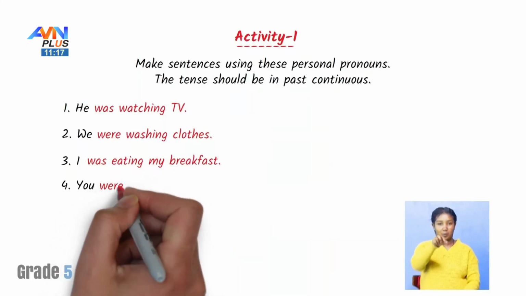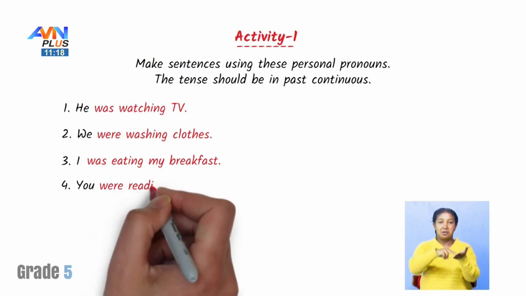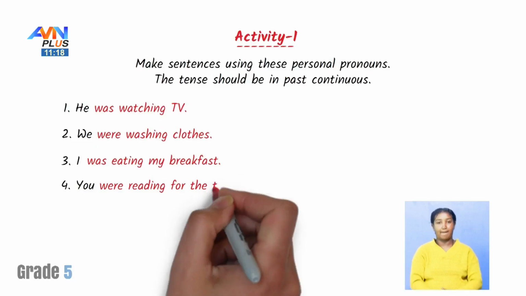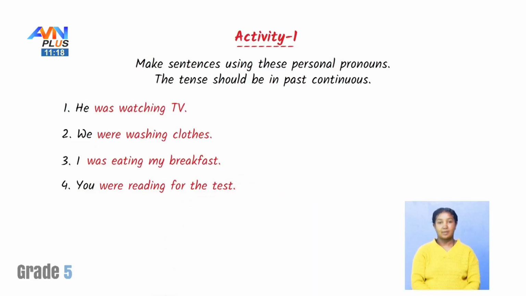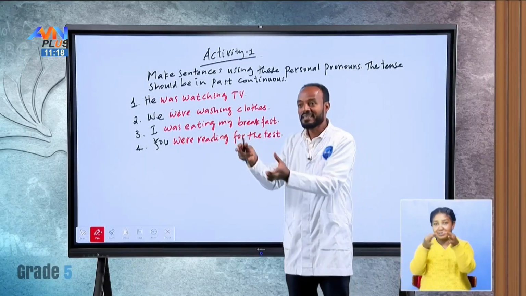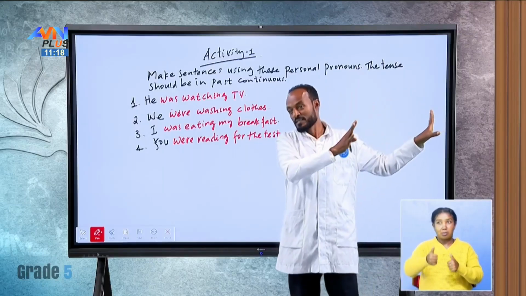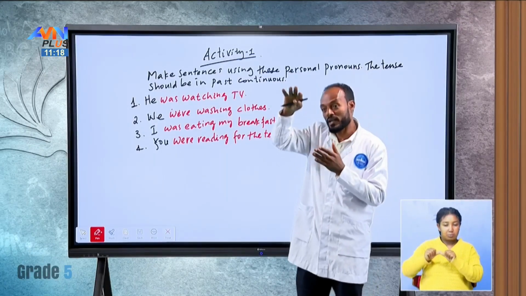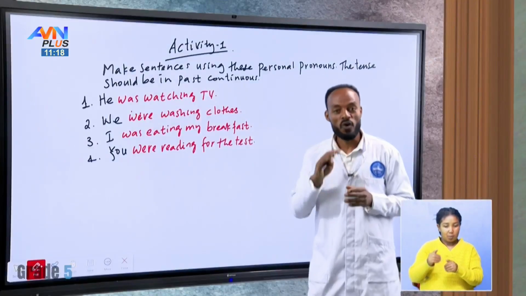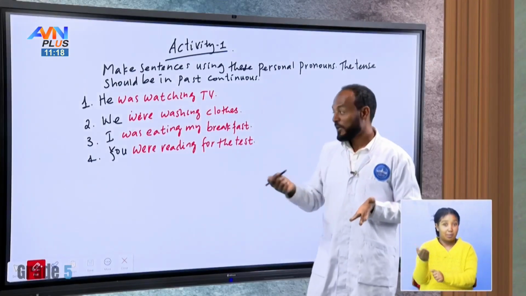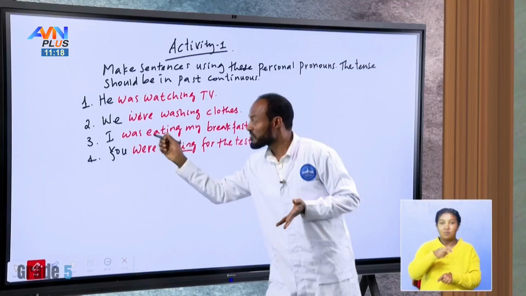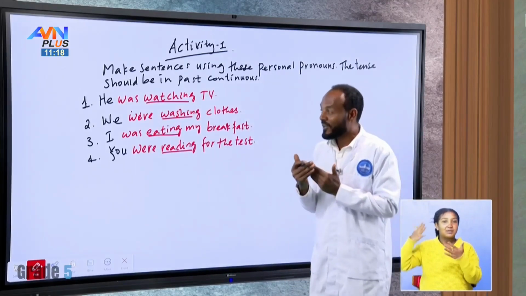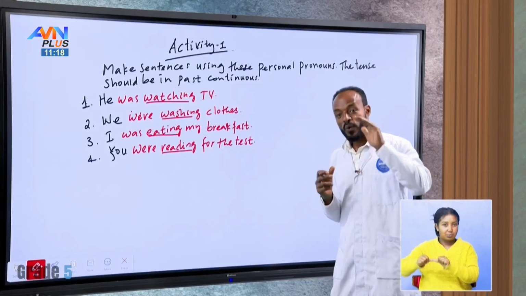You were reading for the test. Look, all the sentences happened in the past, but for a specific time in the past, they were what? In progress, or there was continuity. Because here is verb-ing, here is verb-ing, here is also. So it shows what? The actions were ongoing.